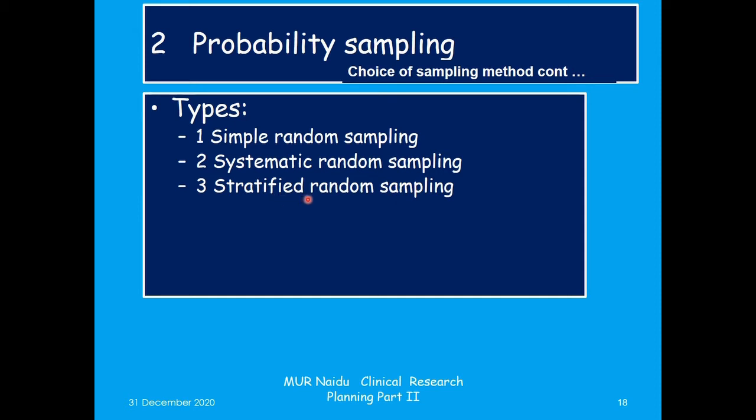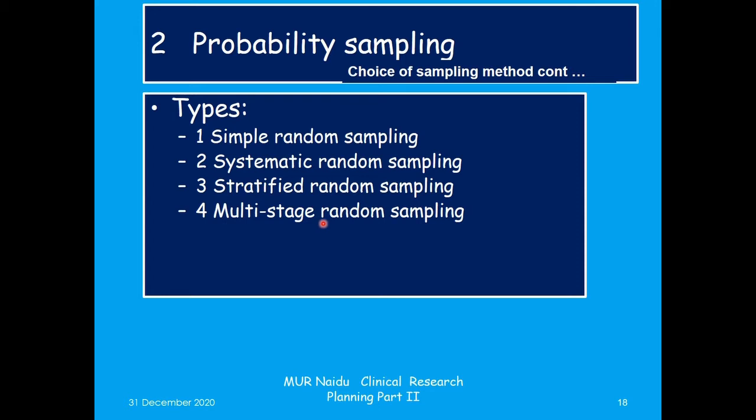So you stratify them. The fourth one is multi-stage random sampling, which we normally carry out in clinical trials of oncology, where we do one study after the other so that toxicity and other things can be properly identified.